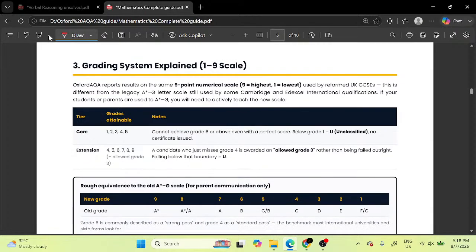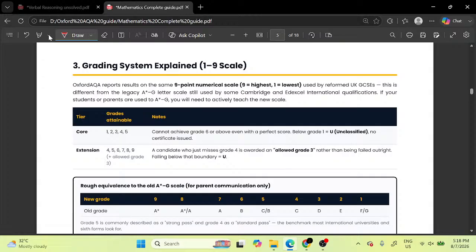Next, the grading system explanation. For the core students, the grade starts from 1 and ends at 5. So a core student cannot achieve grade 6 or above even with a perfect score. Even if they get 160 out of 160, the maximum grade they can get is grade 5.